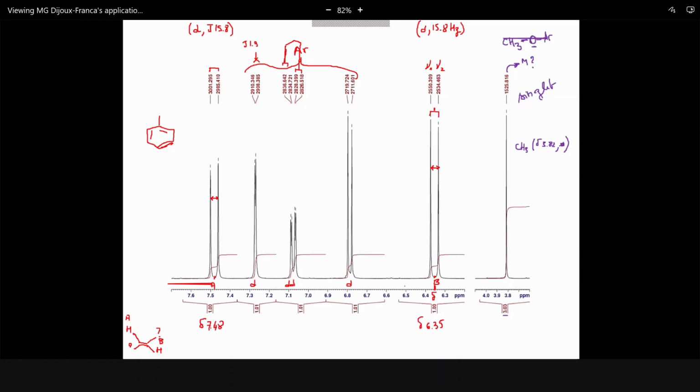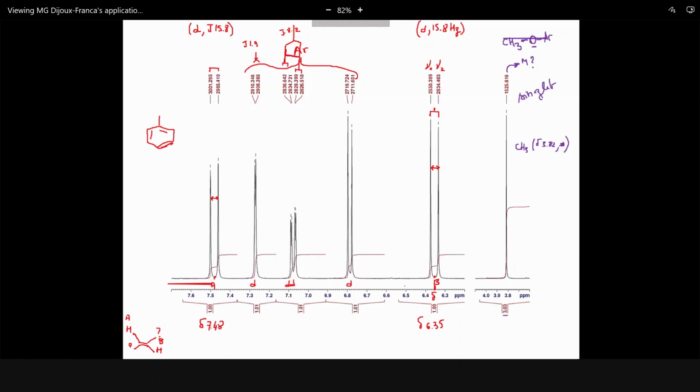And the big one is 8.2. That means the big one here is 8.2.